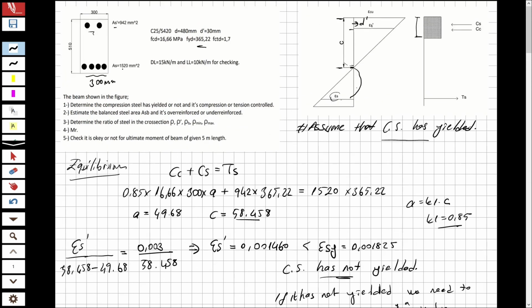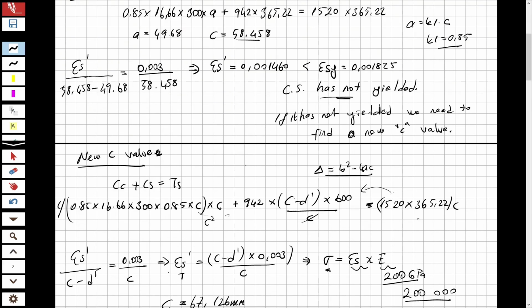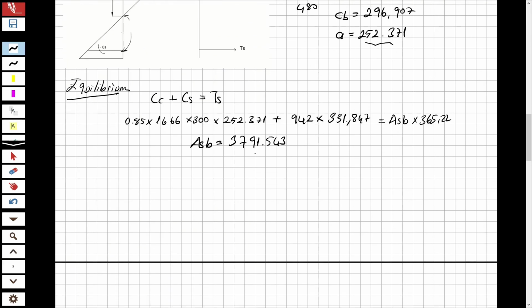Look at here, the AS is 1520 millimeter square, smaller than ASB, equal to 3791.543 millimeters square.